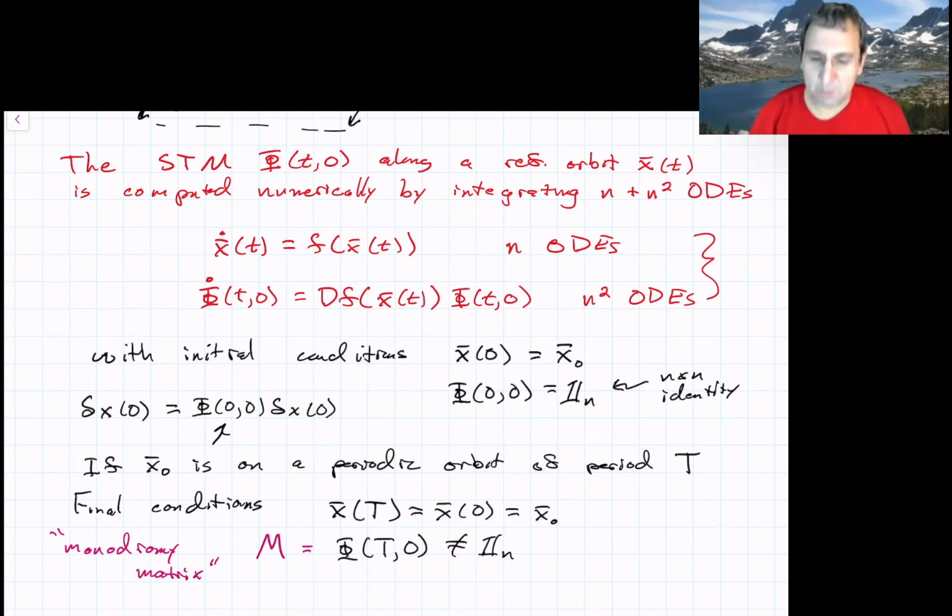And the monodromy matrix encodes information about the stable and unstable directions along the periodic orbit. To do differential correction, we won't necessarily use it for that, but that is what it gives. Let's see.